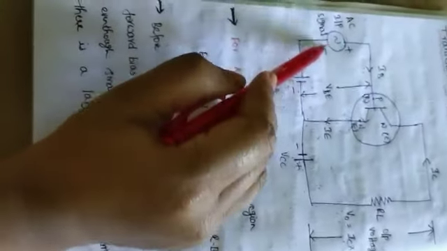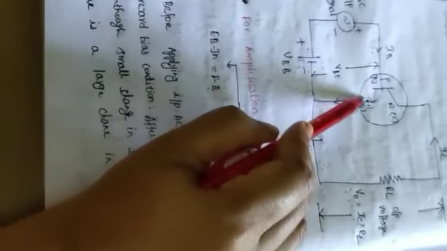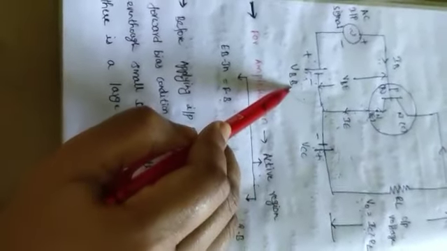So here we have to remember this VI characteristics. Before applying the input AC signal, the base-emitter junction is already in forward bias condition because of this battery VBB.